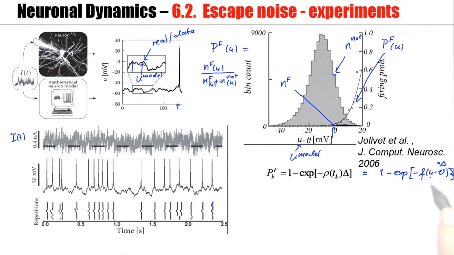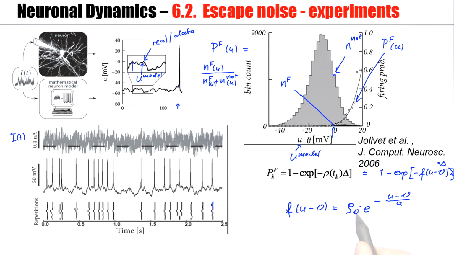So this is my firing probability for this voltage with a certain escape rate. I can use this to extract the escape rate. For example, let's say my escape rate, f of u minus theta, is the exponential one, e to the u minus theta over some parameter a.